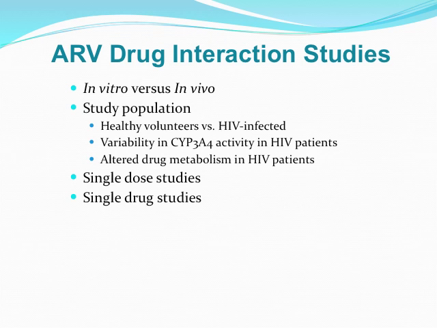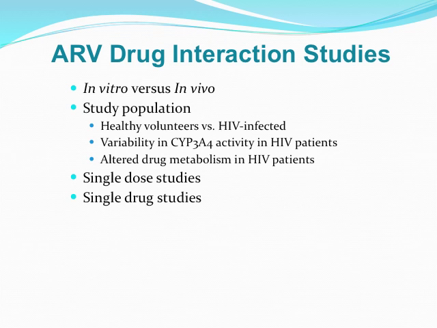Also, we know that in HIV infected patients we have some variability in the CYP3A4 isoenzyme activity. So again, very difficult to extrapolate. And then altered drug metabolism in HIV patients, we know that. So we would have to do a PD study strictly in an HIV patient, looking at kinetics and drug interactions, and taking into account all the different variabilities, and therefore it's very hard to do.